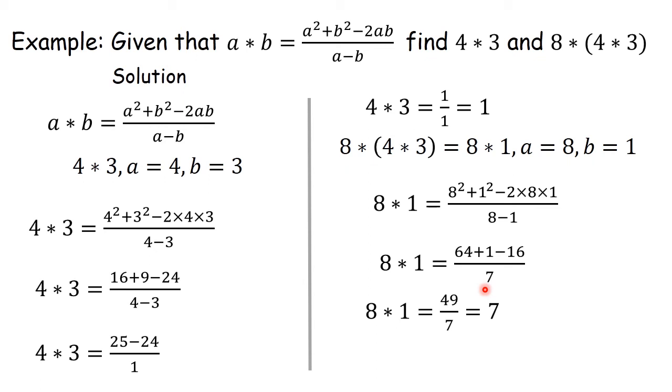So that means we shall have 49 divided by 7, and 49 divided by 7 gives us 7. Therefore, 8 star, open bracket 4 star 3 close bracket, is equal to 7.